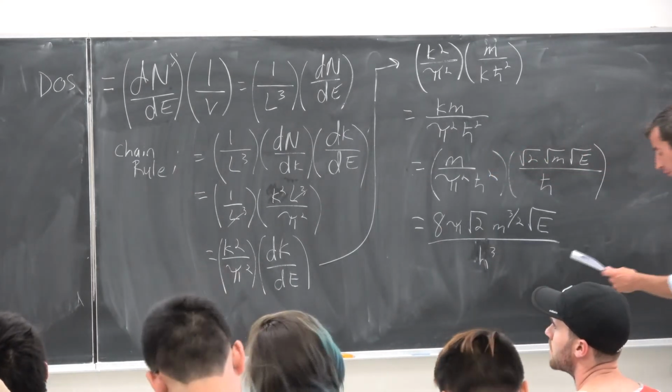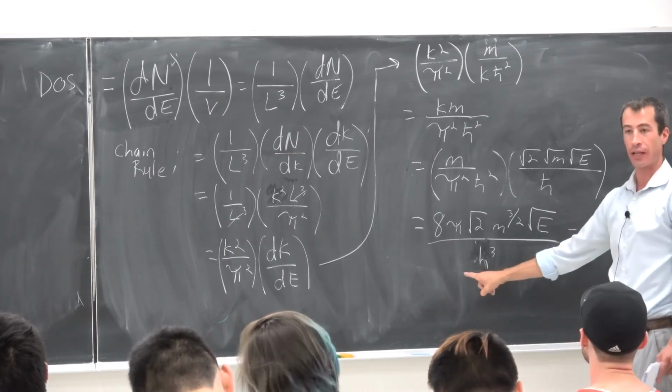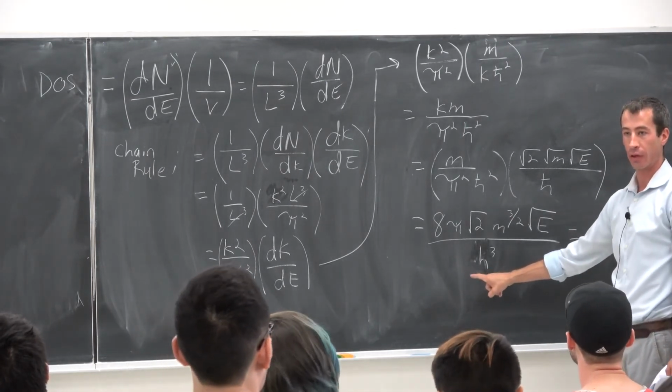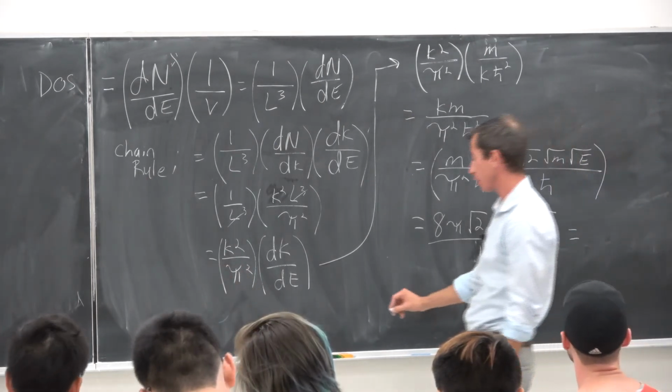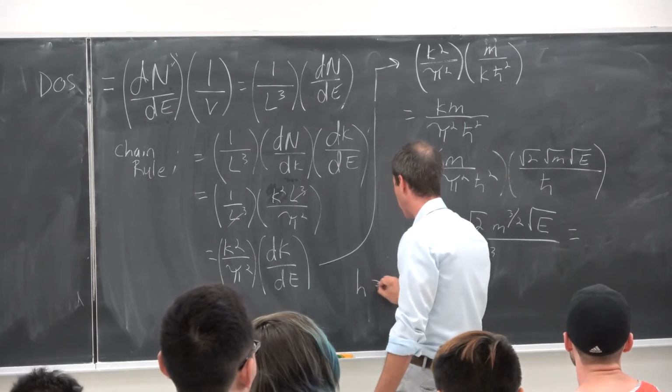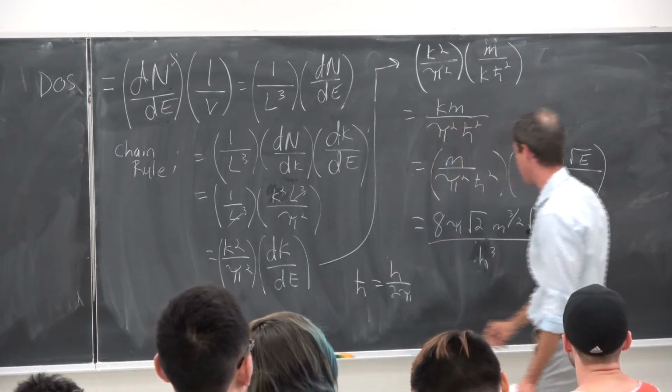And you also see this written as, the trick here is h versus h bar. So when you start looking online, you'll see this written multiple different ways, and it took me a while. But remember that h bar equals h over 2 pi. That's an easy thing to miss.